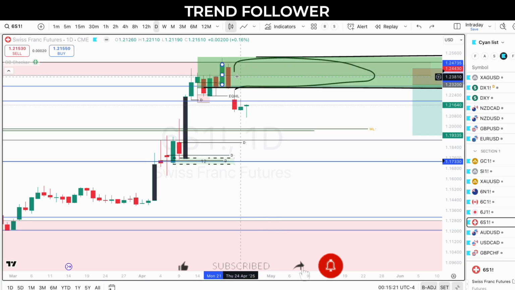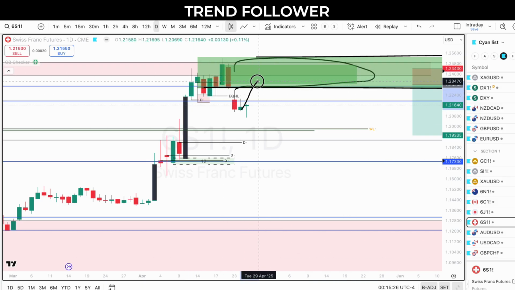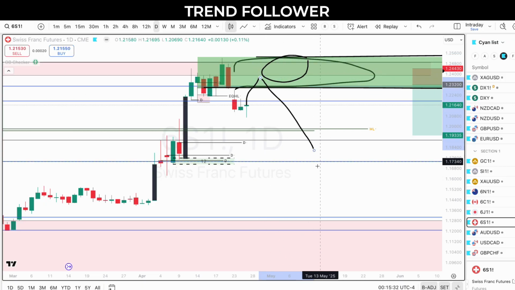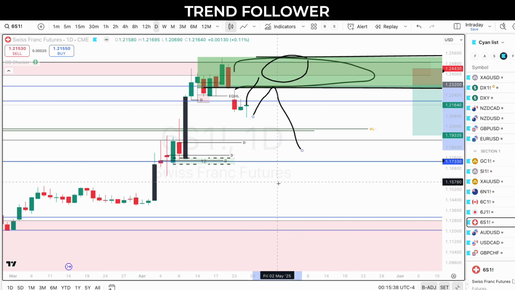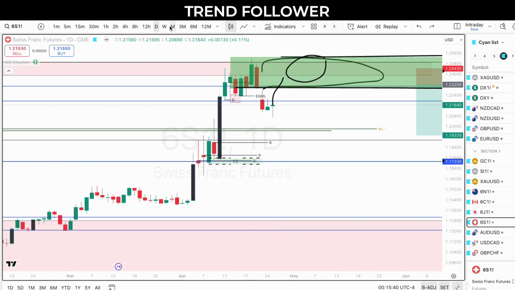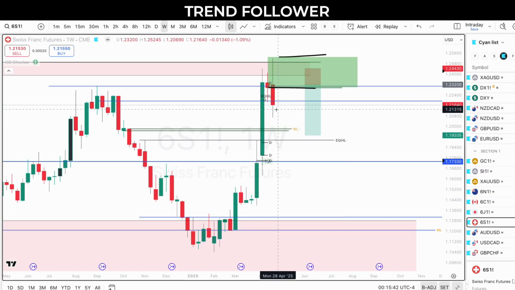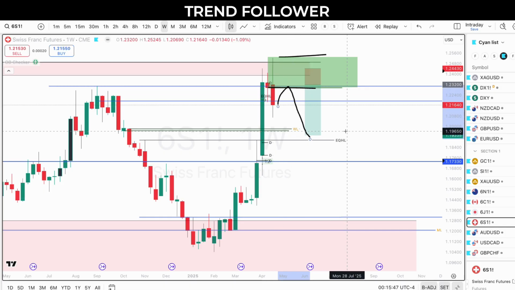Which basically means that it would not be easy to go past this, which basically means that when it comes here, it's in weekly and daily supply and demand covered by higher time frame. So what you should see is price coming here. So I think what you have in this week or coming weeks is price coming here, right? So that's what I think, and that's what I would be playing.